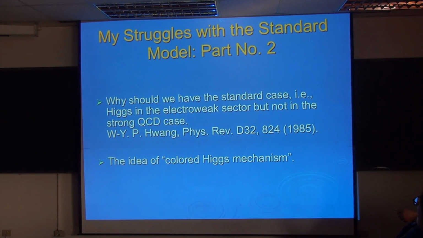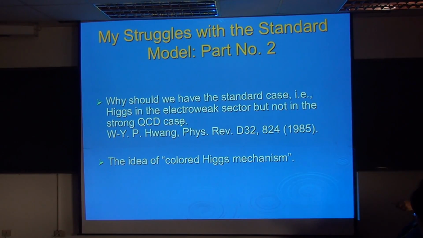The other question is, I have mentioned this earlier on. In other words, why should we have in the standard model the Higgs in the electroweak sector, but not in the strong QCD case?